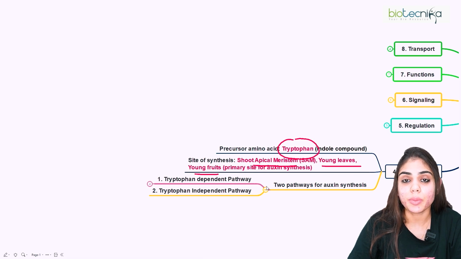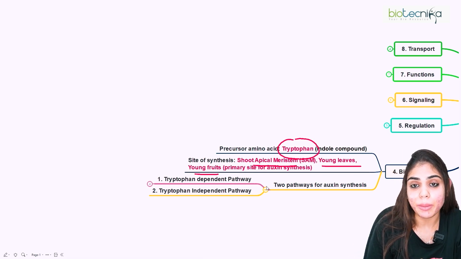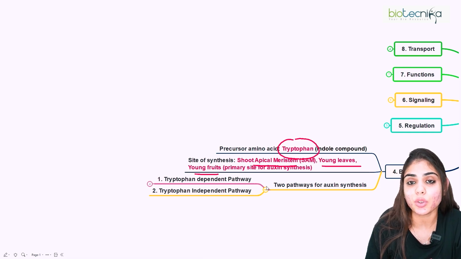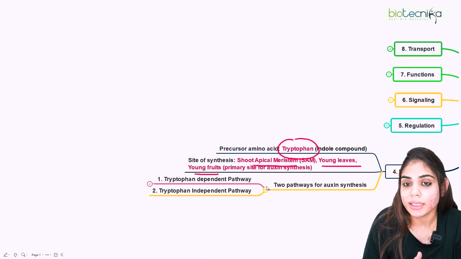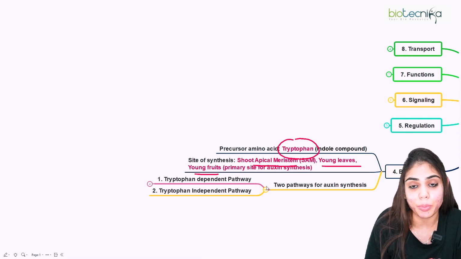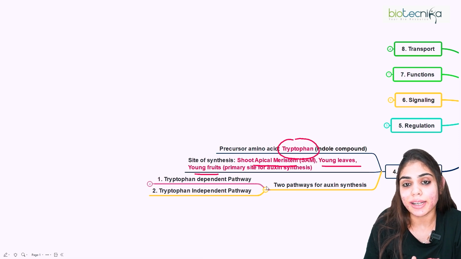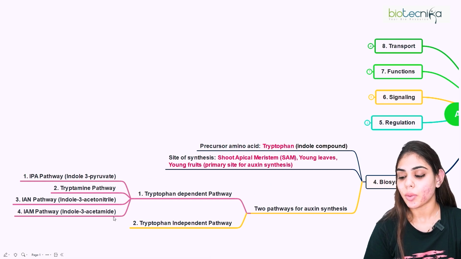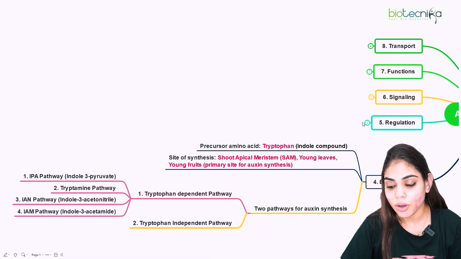The first is the tryptophan dependent pathway, a pathway that requires the amino acid tryptophan for the synthesis of auxin phytohormone, and the other is the tryptophan independent pathway, which doesn't require any tryptophan precursor for the synthesis of auxin. The tryptophan independent pathway is seen in the mutant forms of maize as well as Arabidopsis.